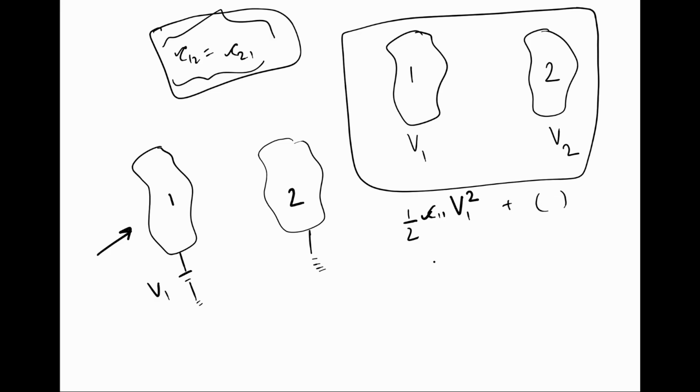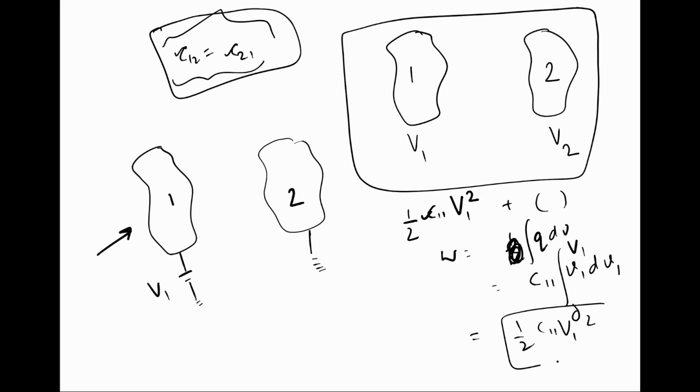We can calculate it by directly using energy is half of Q dV, and in this case it is C11 V1 dV1, and we will raise this voltage from 0 to V1, so it will be half C11 V1 square.